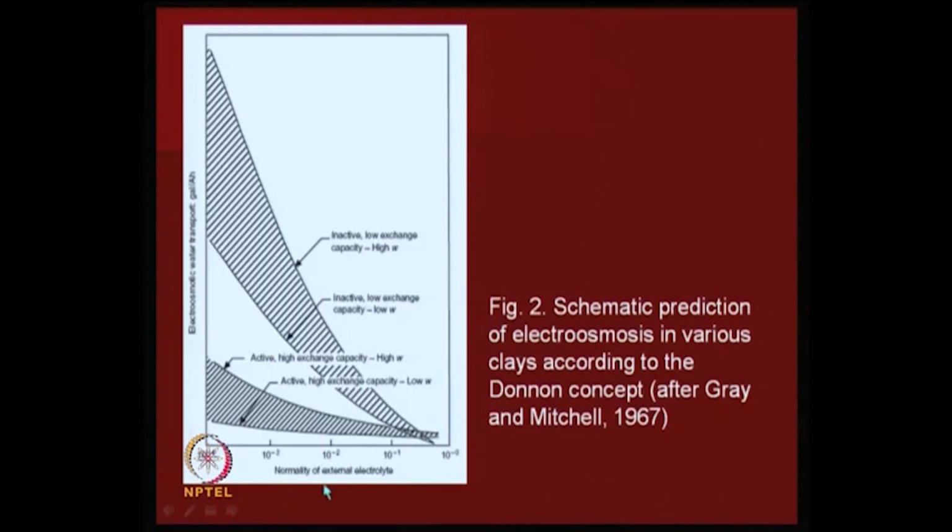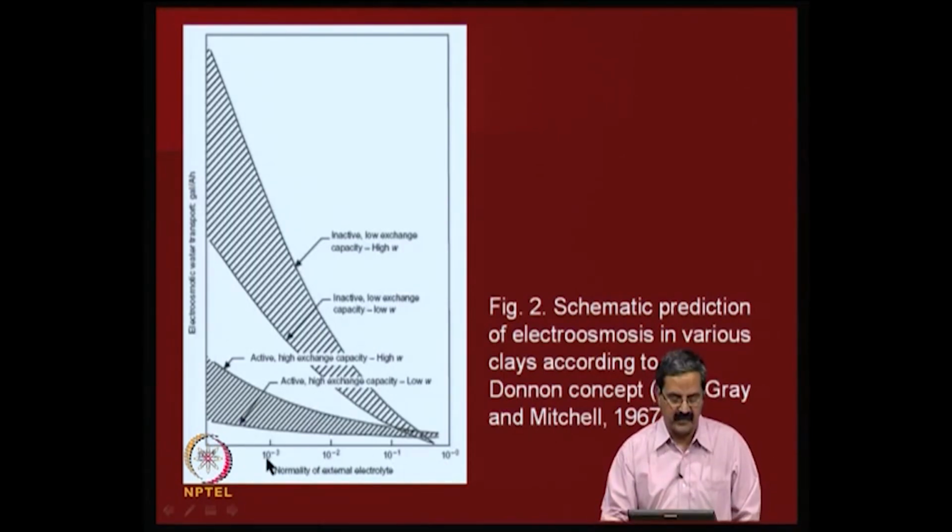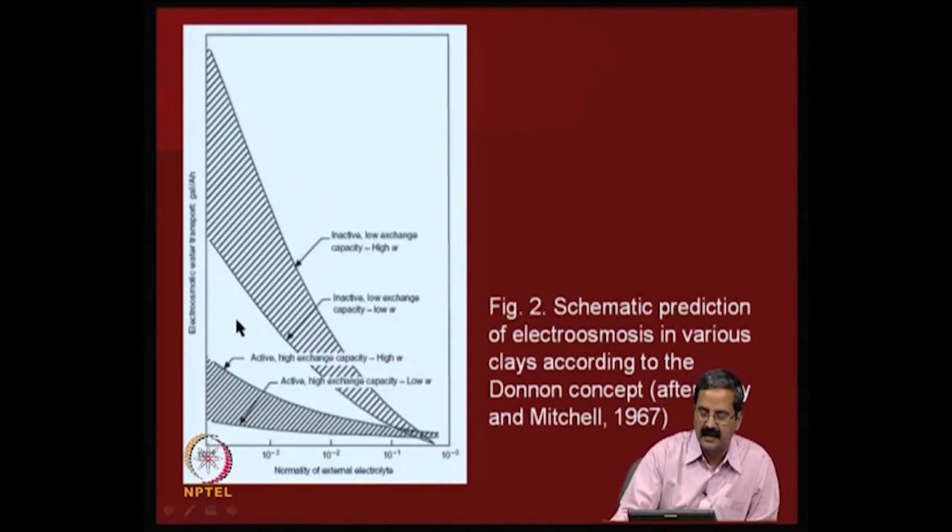Normality comes in terms of equivalent weights, it is much more standardized. The higher the normality, like say 1 here, 0.1 here, 0.01, and so on, there are dilution factors, like instead of 1 liter you say only 100 ml. So, based on the dilution factors also it has a significant role. This is what we understand from the clay science.